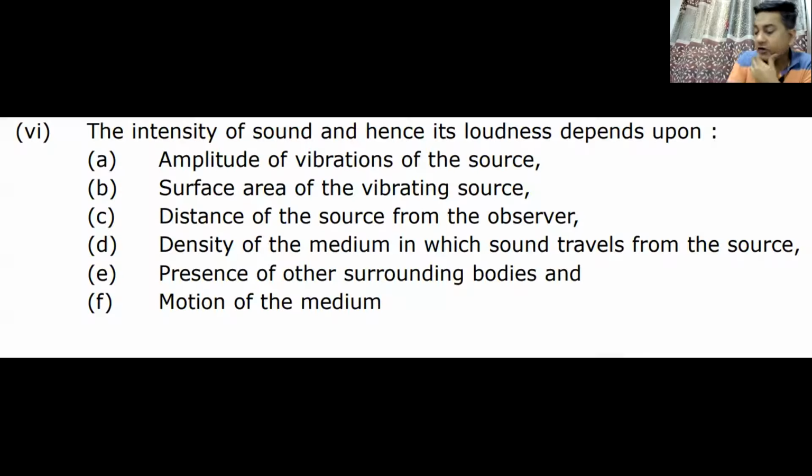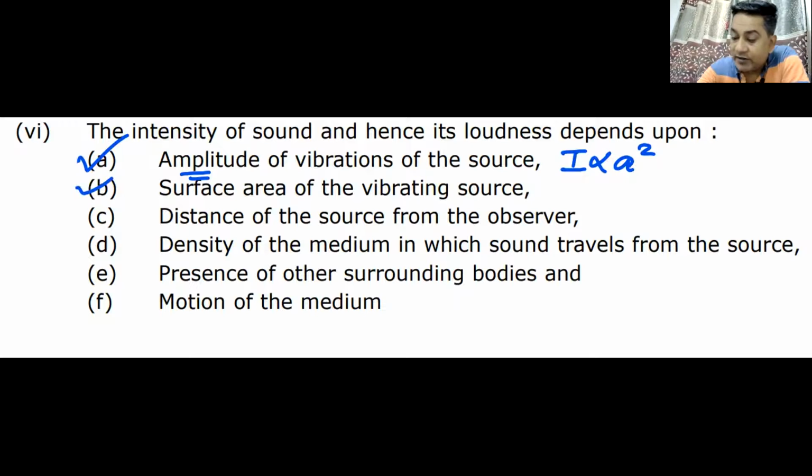Okay. Now let us see some factors on which the loudness or intensity of the sound depends. The first factor is the amplitude. I've already told you that intensity is proportional to amplitude square. Yes or no? Then it is about area.